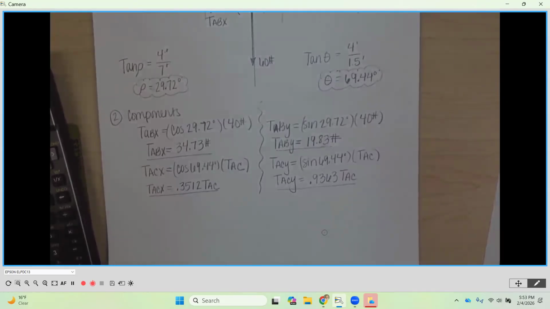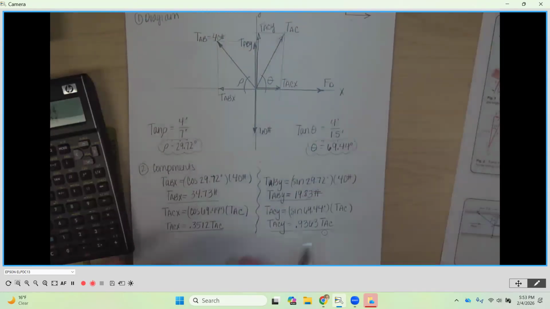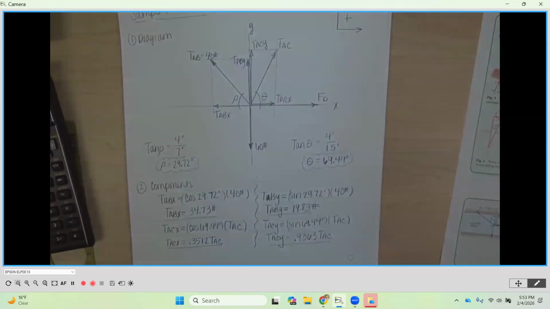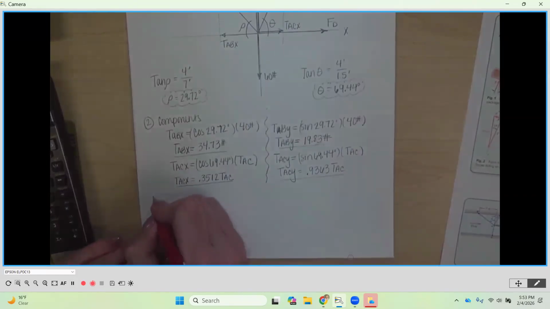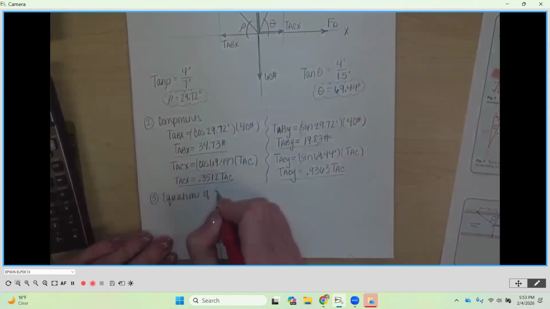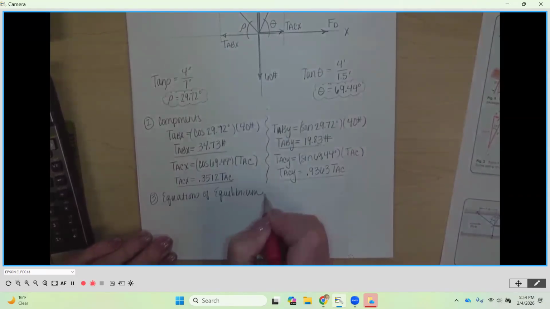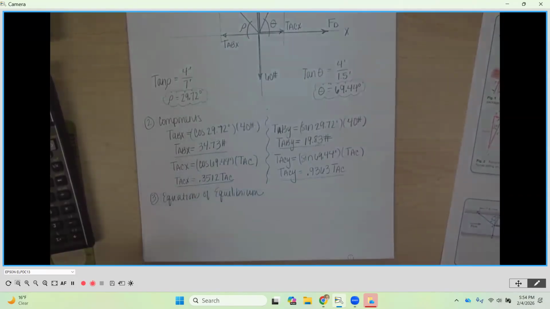Now that we have all of our forces on the X and Y axes, we can go ahead and use our equations of equilibrium. So step 3 is going to be equations of equilibrium. And there's two of those, right? The sum of the forces in the X equals 0 and the sum of the forces in the Y equals 0.